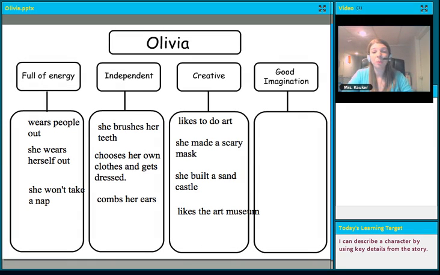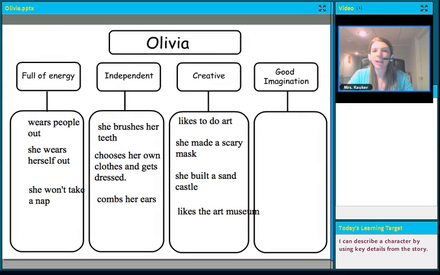Wow, we're finding so much textual evidence to describe our character Olivia. That's great. Now, I want to see how you can do this. I want to see how you can describe Olivia. My last word is that she has a good imagination. So I wanted to see if you guys could tell me how Olivia has a good imagination.